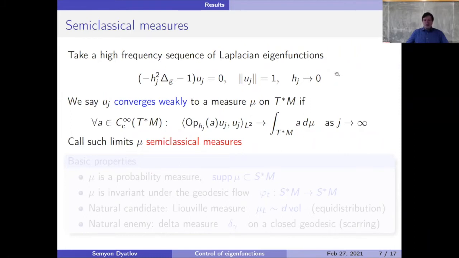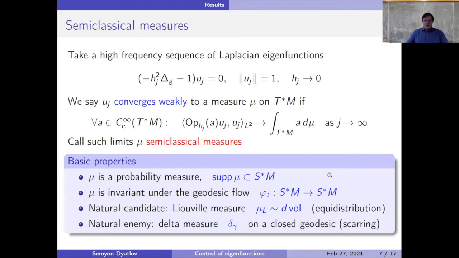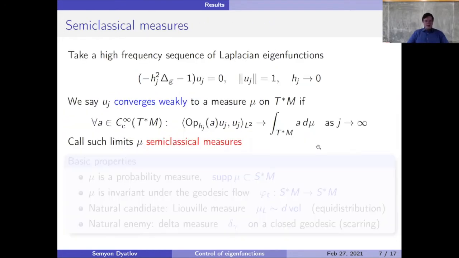Now the first thing you could ask is, how about I just take the absolute value of u_j squared and look at the weak limit of the corresponding probability measures. So that's something you could ask, but you could actually ask a more general question, about these microlocal lifts or quantum variances or semiclassical measures, which is the following.